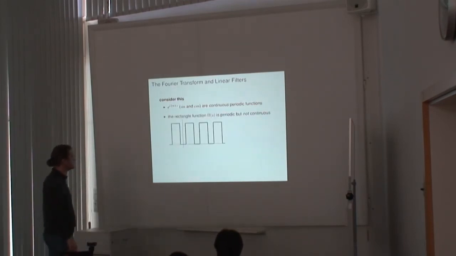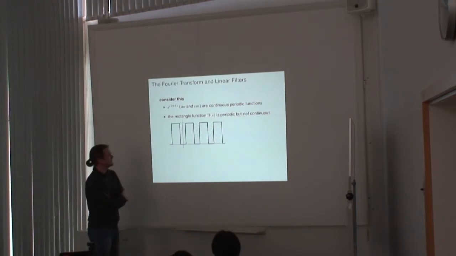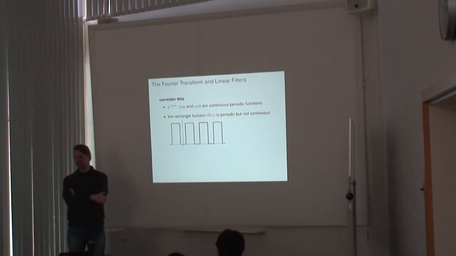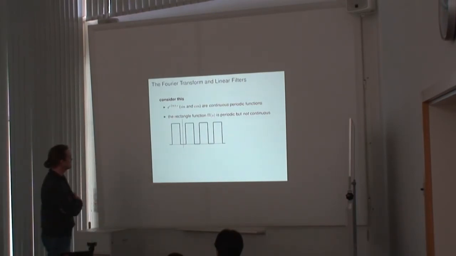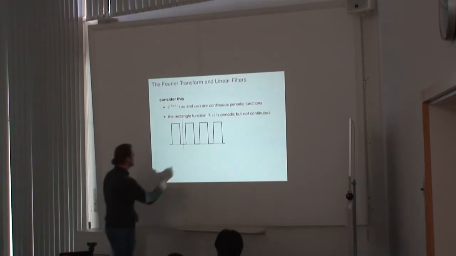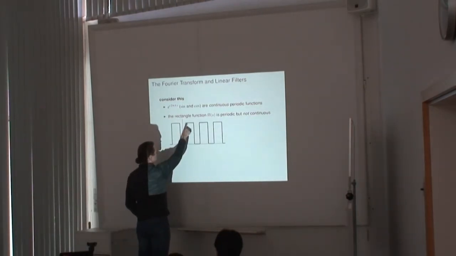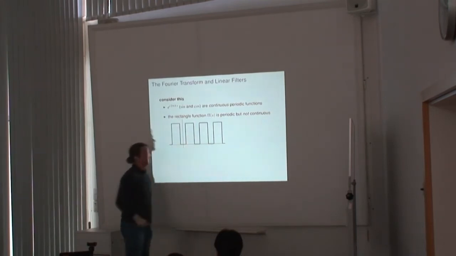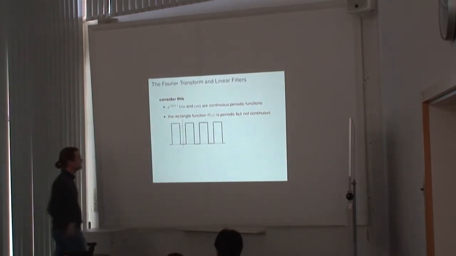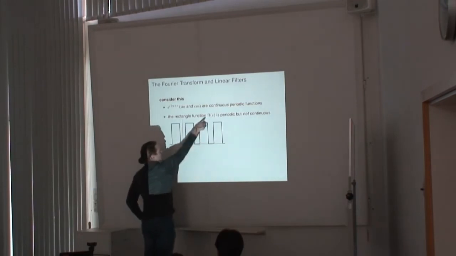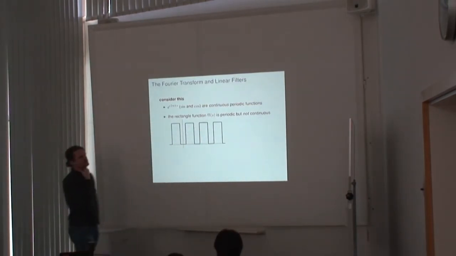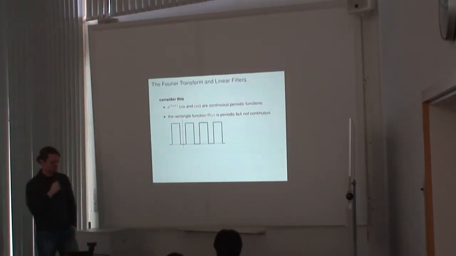Here is a periodic function that is not continuous. This thing is so important, it often has its own name, and because it looks like this, so this function, say, starts here and then jumps up here, and jumps back down, it's called the rectangle function, and these things look like capital pies, so let's just call it capital pi of x.